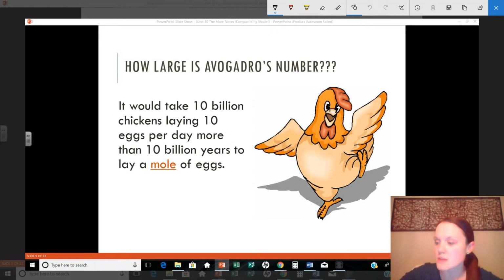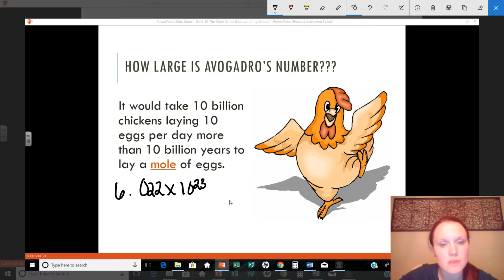We'll talk about the chicken in a second, but we're just going to write it out first. One mole is 6.022 times 10 to the 23rd particles, and that equals 1 mole.